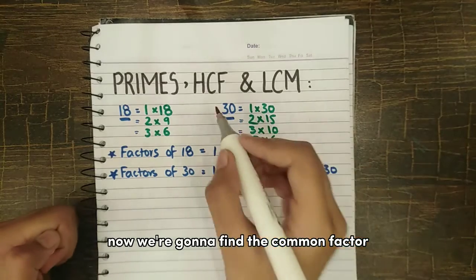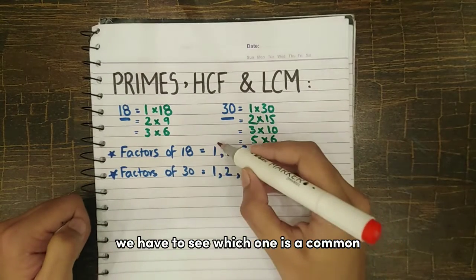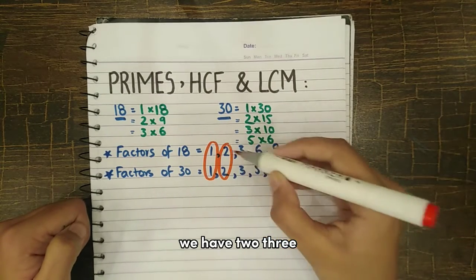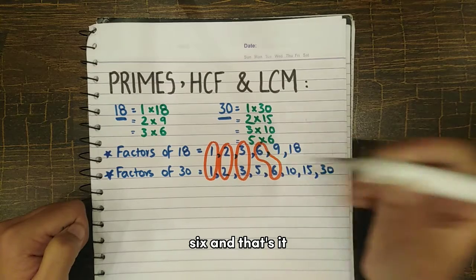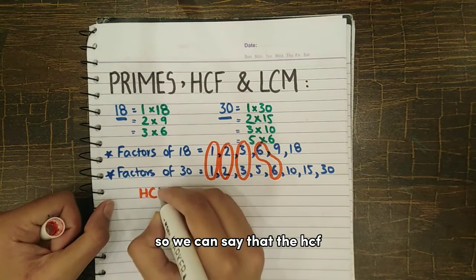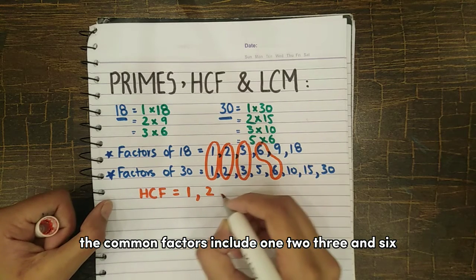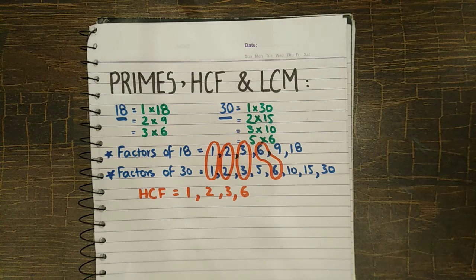Now we're going to find the common factors. When we have to find the common factors, we have to see which ones are common. We have 1, we have 2, 3, 6, and that's it. So we can say that the common factors include 1, 2, 3, and 6.